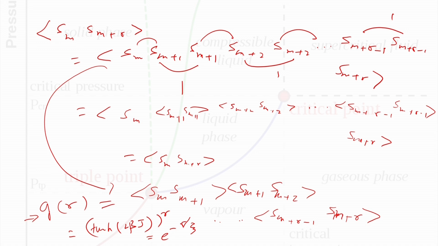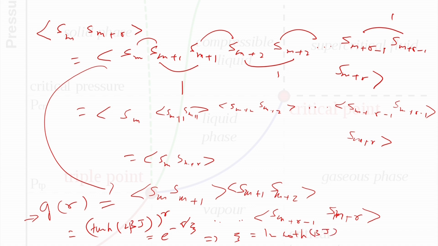In fact, we know exactly how it diminishes: it is an exponential decay. You can write it in terms of xi, the correlation length, which comes out as cotangent hyperbolic beta j.